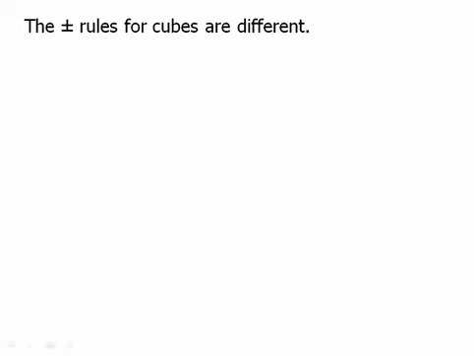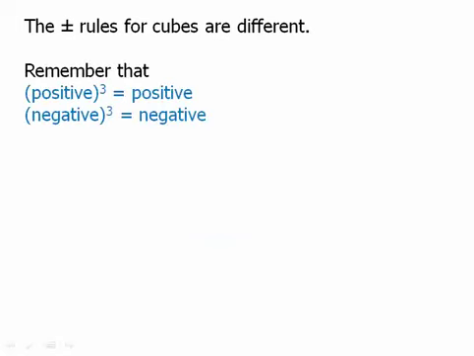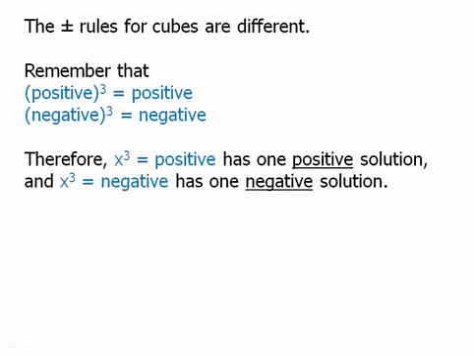The positive and negative roots for cubes are a little bit different. Remember that if we cube a positive, we get a positive, but if we cube a negative, we get a negative. Therefore, x cubed equals a positive has one positive solution, and x cubed equals a negative has one negative solution.